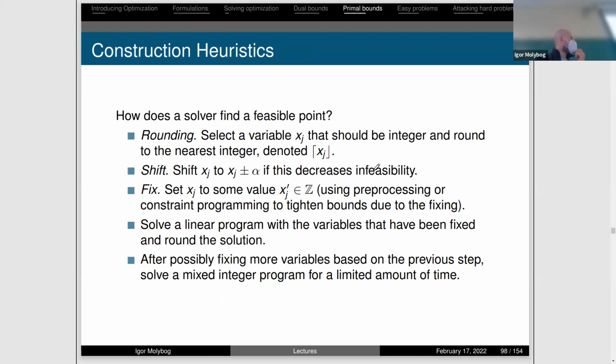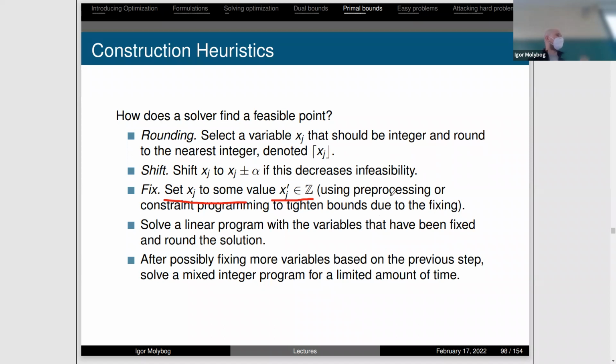There's a very important idea of fixation, or fixing the components. You can set xj to some value that is integral, for example, using preprocessing or constraint programming to tighten bounds due to the fixing.